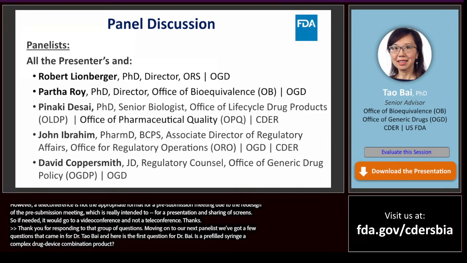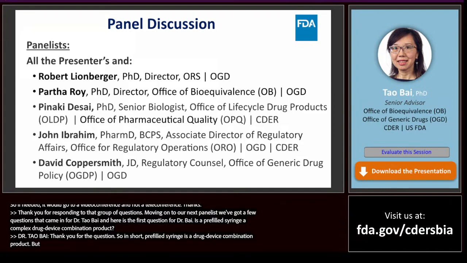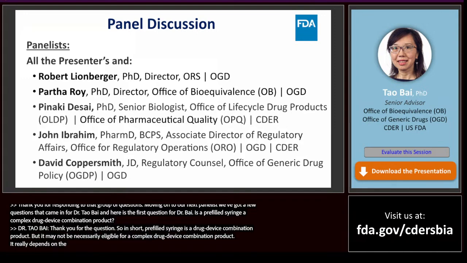Thank you for the question. So in short, a pre-filled syringe is a drug device combination product, but it may not necessarily be eligible as a complex drug device combination product. It really depends on the specifics and the complexities related to the product API or formulation.